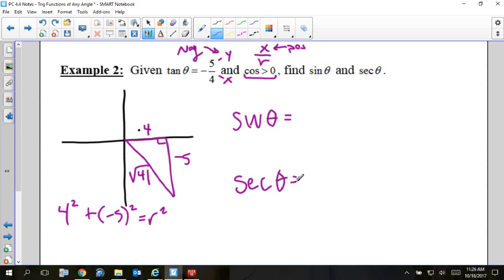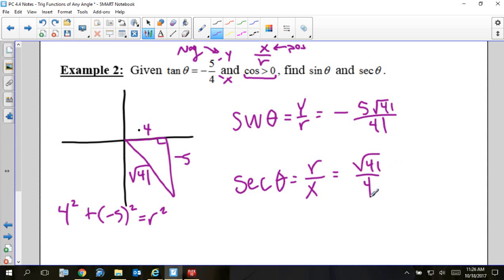I don't feel like I need to do that extra step because I know that sine is y over r. I can just do y over r and rationalize it. You end up negative 5 radical 41 over 41. And then secant is r over x. So I do r, which is square root 41, over x, which is 4.